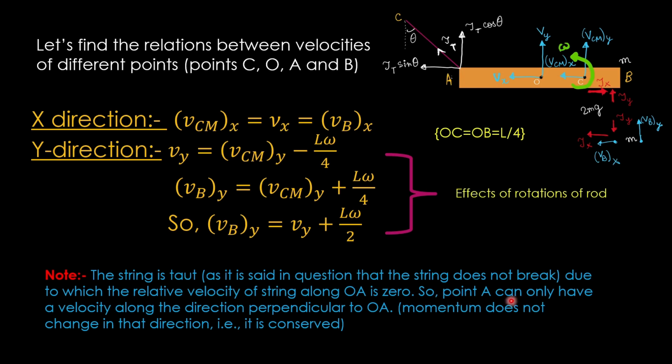So point A can only have a velocity along the direction perpendicular to OA, which means momentum does not change in that direction, i.e. it is conserved. Okay, so you can also find the direction in which the momentum of this entire system is conserved, that is in a direction perpendicular to the string. But since we are not using that approach here, we do not need this information.